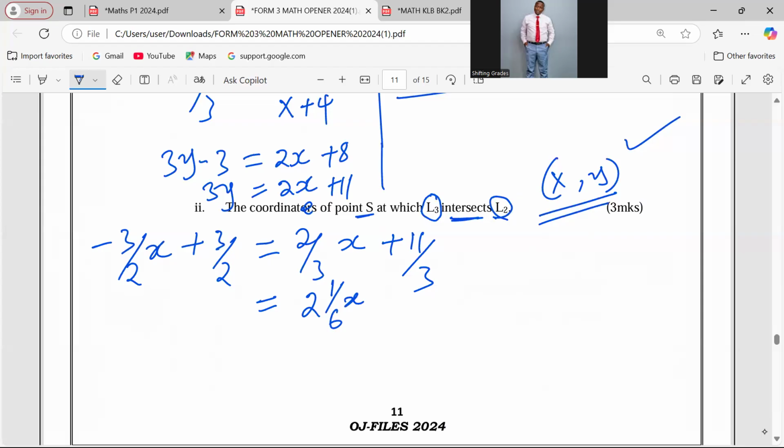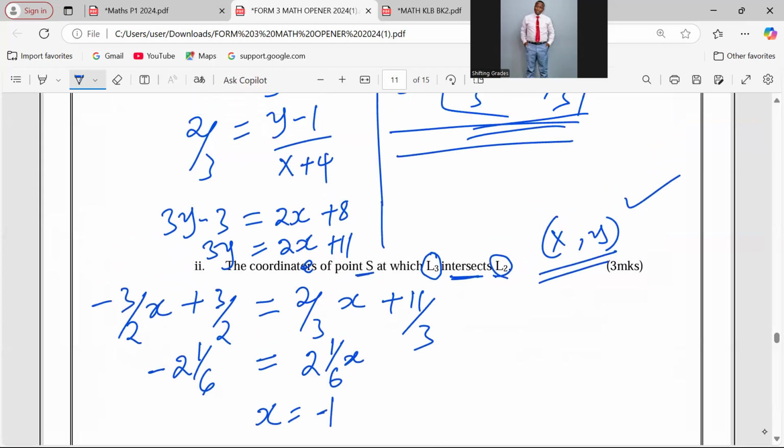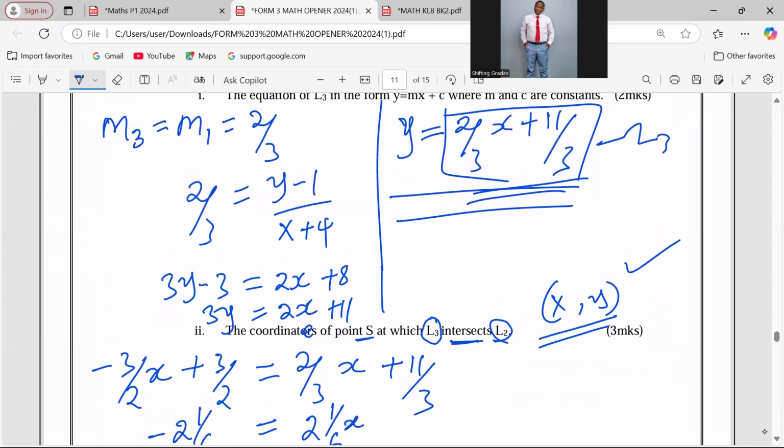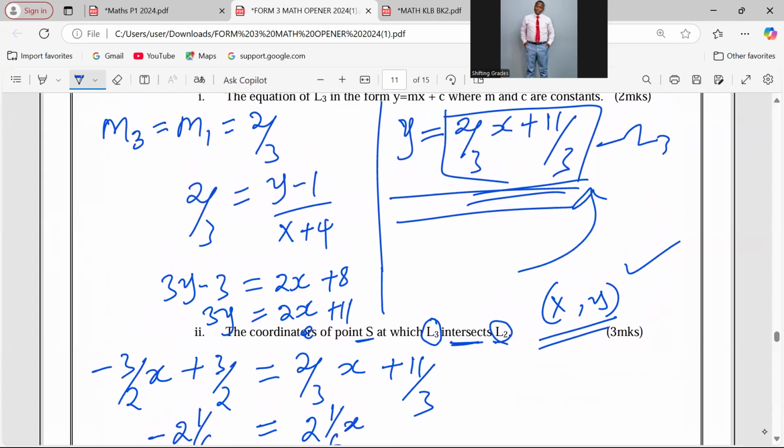I pick 3 over 2 and I subtract 11 out of 3. And this will give me negative 2 and 1 over 6, which means the value of x will be negative 1. If the value of x is negative 1, then we can substitute x in any of the equations, like here, for me to get y.